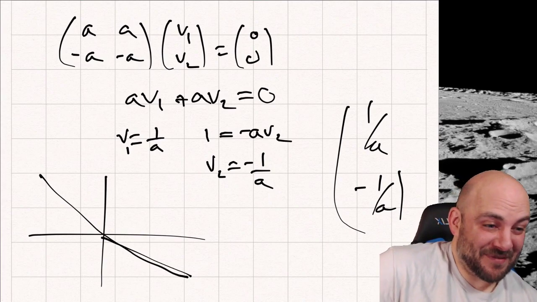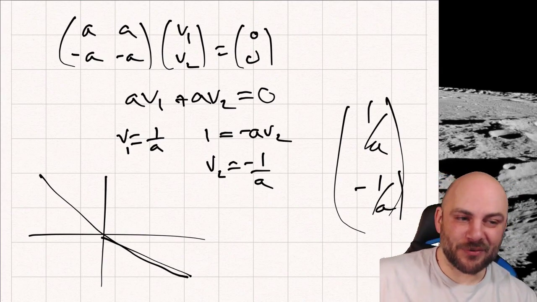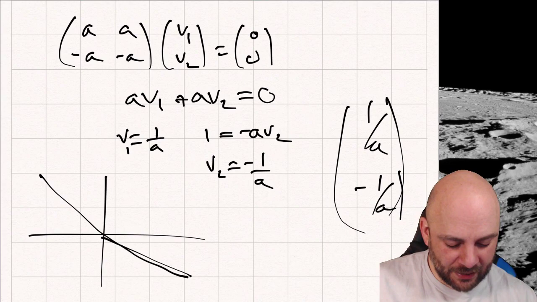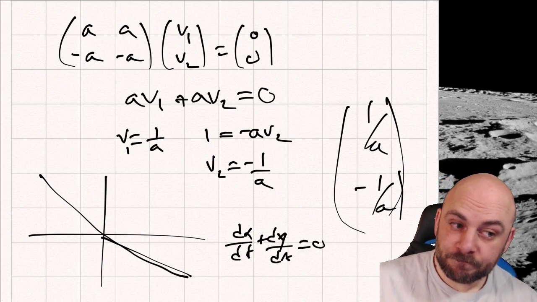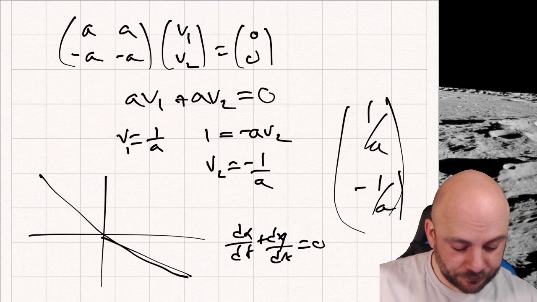You basically don't have enough to work with in this case, and you have to resort to looking at things a little differently. Namely, what I would be looking at here is dx/dt plus dy/dt, which equals 0, which we should get from looking over there.